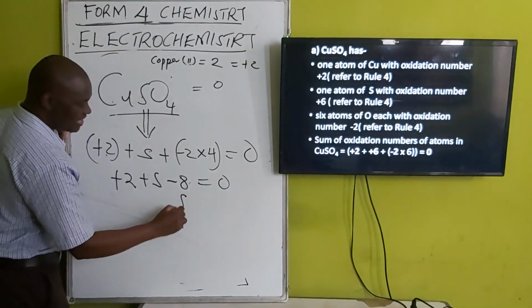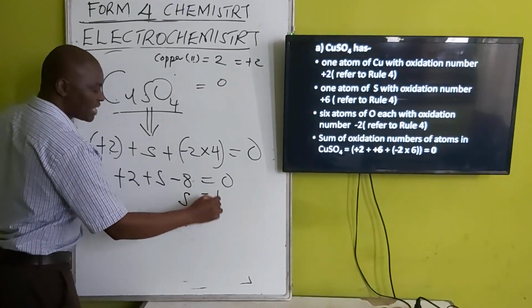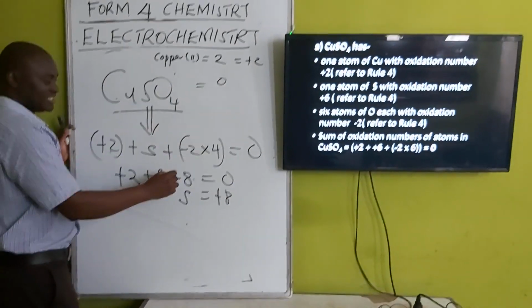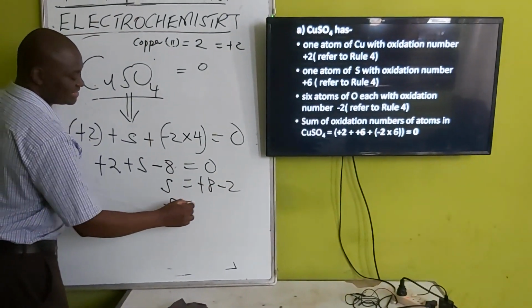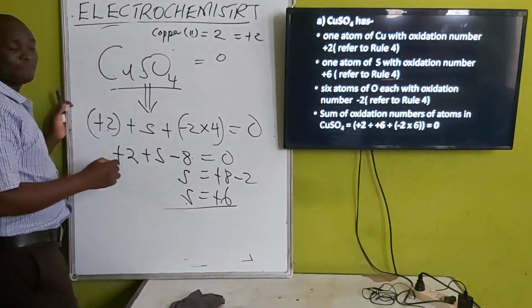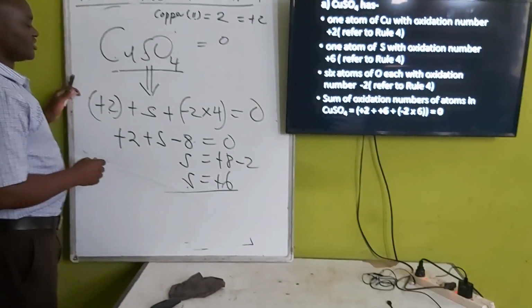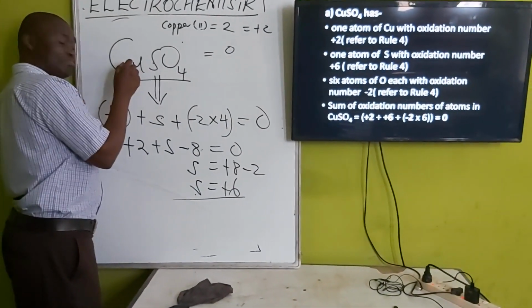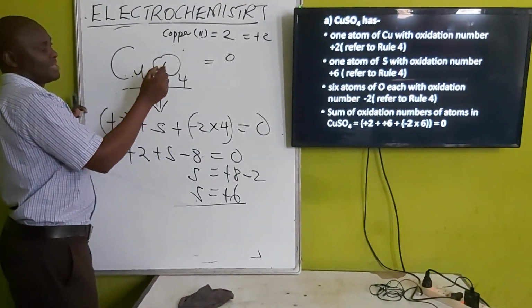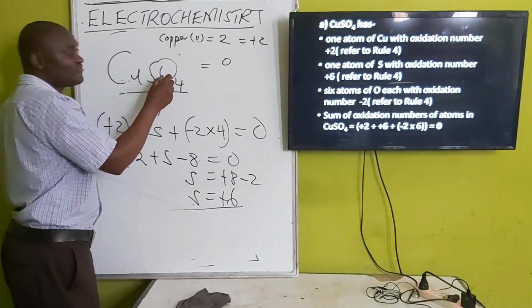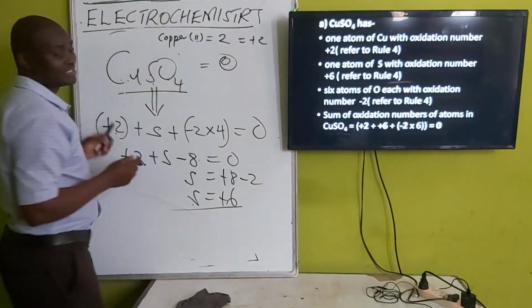So sulfur will be equal to +8, take this 8 to the other side, -2. So sulfur is equal to +6. So if you add +2, +6 for sulfur, -2 times 4 for oxygen, you get what? 0.